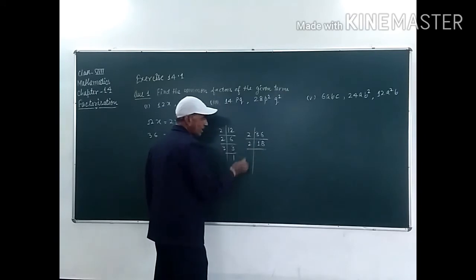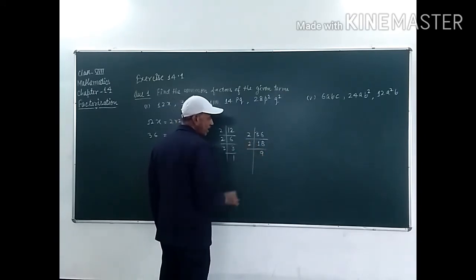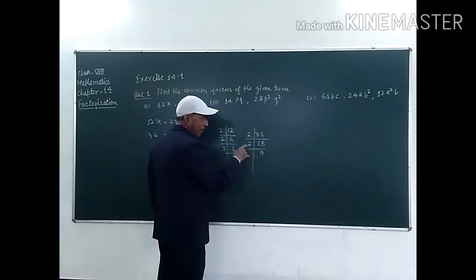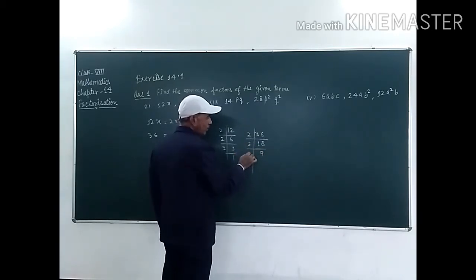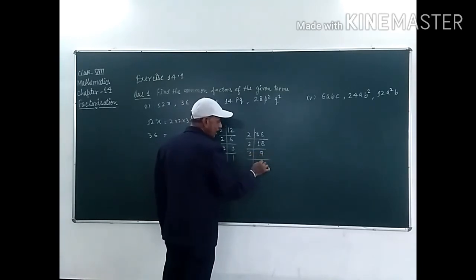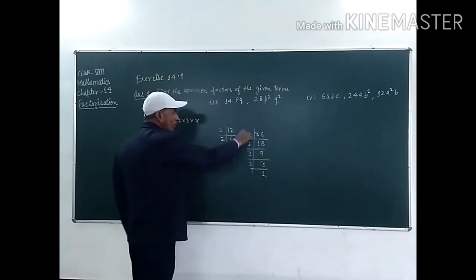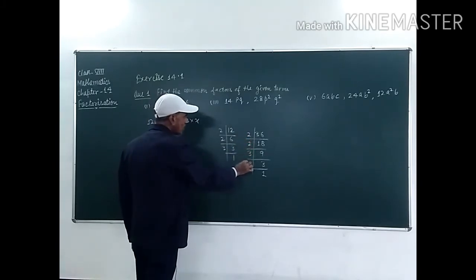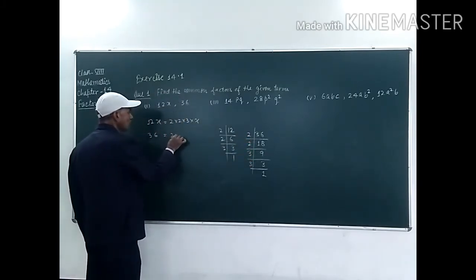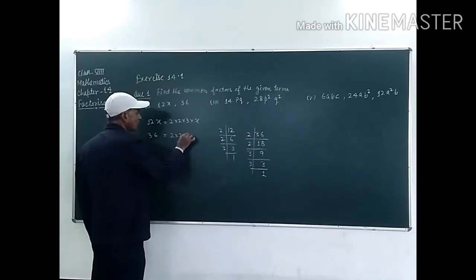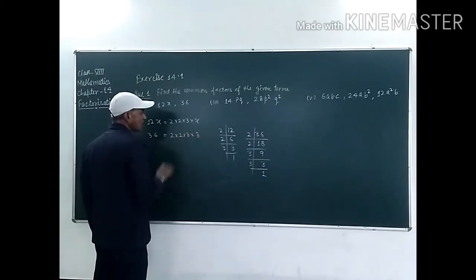After dividing by 2, we will get 9, and 9 is not divisible by 2 because it is an odd number. So find the next prime number, that is 3, 3 threes are 9, and this one 3, again divided by 3, 1. So the prime factors of 36 are 2 into 2 into 3 into 3.